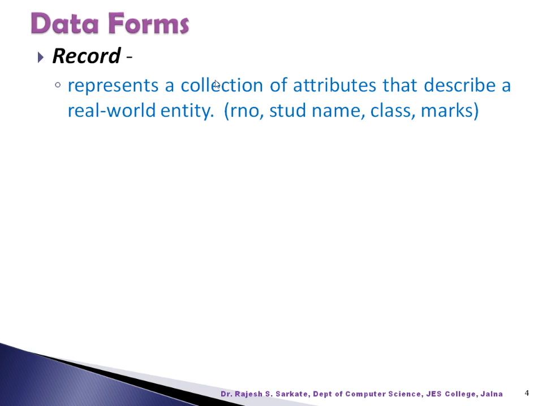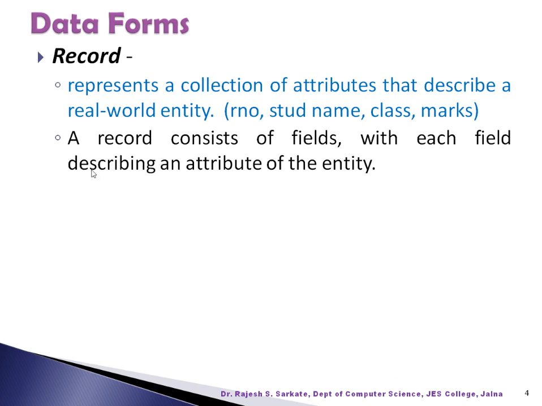We can say a record is a collection of fields also. A record consists of fields where each field describes an attribute of the entity. So here one should understand that a record is a collection of fields, or it may be treated as a collection of attributes.